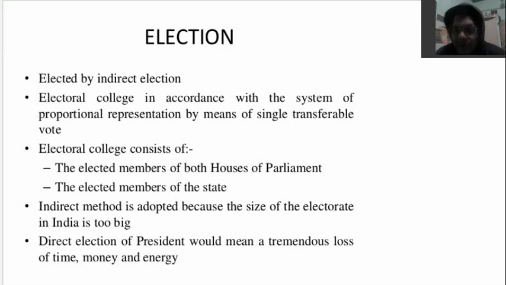It's not one vote one value here. Why does one vote not have one value in the election of the president? Because the electoral college consists of the elected members of both houses of the parliament and the elected members of the state. The elected members of both houses of parliament will be small in numbers compared to the elected members of the state.